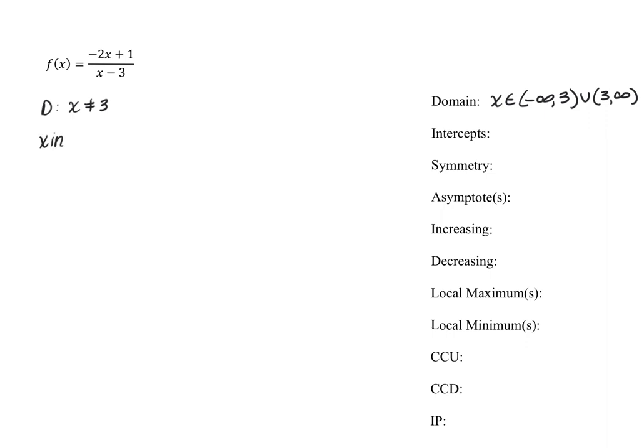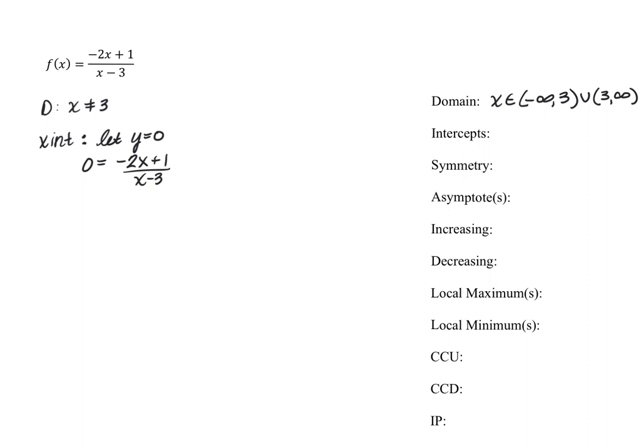Now, since we ultimately want to create a graph without using our calculator or Desmos or any graphing utility, we want to find the x and y intercepts. So remember that when you're finding the x-intercept for any function or any curve, we're letting y equal 0. So in this case, we're solving 0 is equal to negative 2x plus 1 divided by x minus 3.